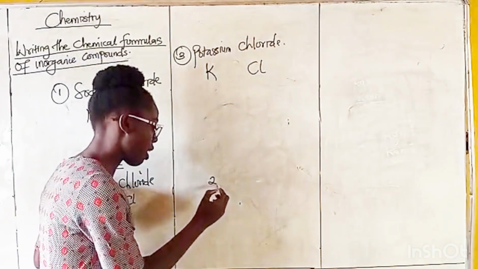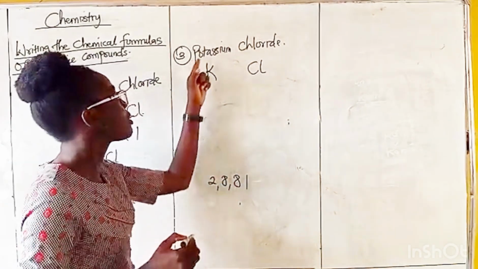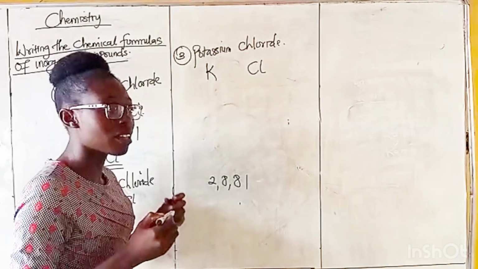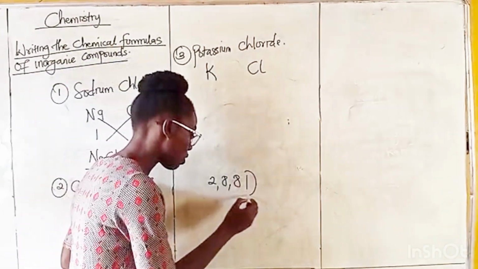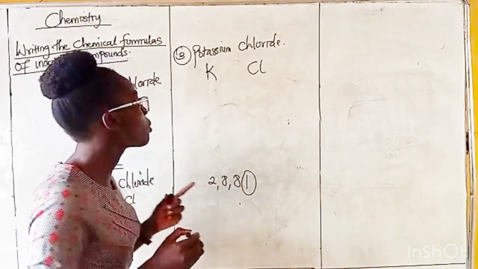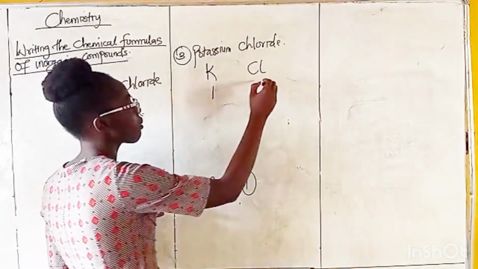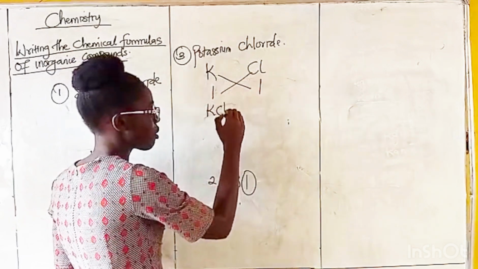So we have 2, 8, 8 and 1. Remember this is a metal. When it reacts, definitely it's going to lose electrons to attain stability. And it's going to lose just this 1 electron. So this 1 electron is equal to its valency. So I write 1 here, write 1 here, cross it. This is KCl.